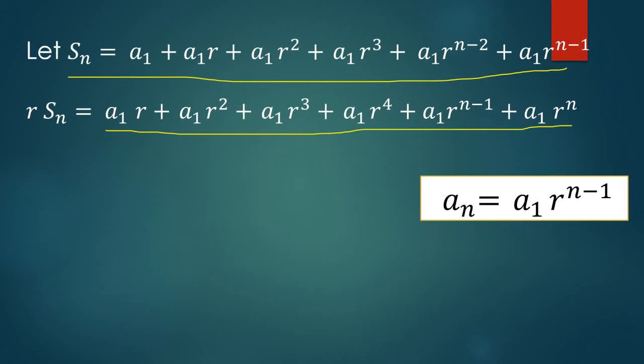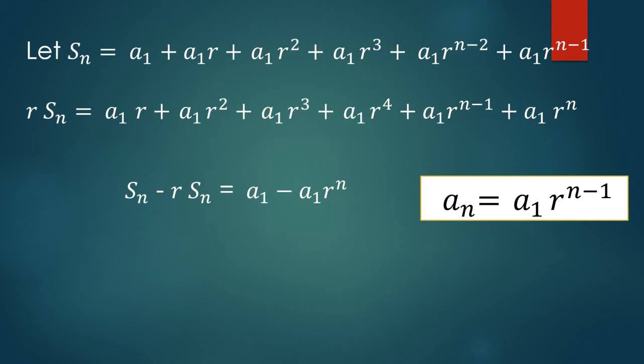Now, let us subtract the second equation from the first equation. This is the answer: Sn minus RSn is equal to A1 minus A1R^n.